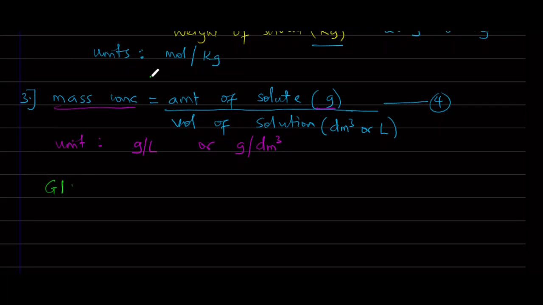let's write this as molar concentration, which is in mole per Dm³, is equal to mass concentration over molar mass.